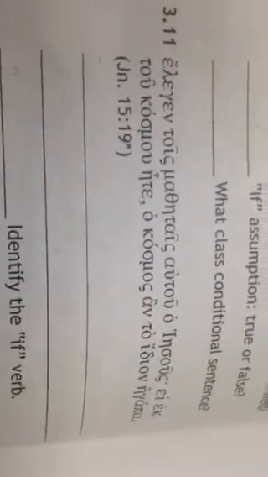"Ἔλεγεν τοῖς μαθηταῖς αὐτοῦ ὁ Ἰησοῦς, εἰ ἐκ τοῦ κόσμου ἦτε, ὁ κόσμος ἂν τὸ ἴδιον ἐφίλει." John 15:19. So, the if verb here, ἦτε, the indicative verb mood is being used here, so it makes it determined. The assumption is false. Why? Well, the verb, you've got to find it all the way in the past, right?